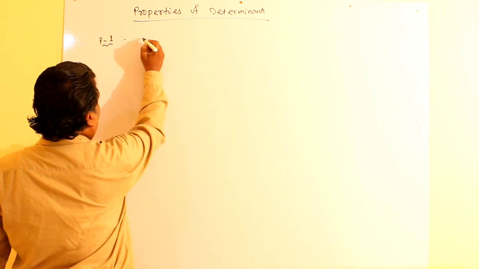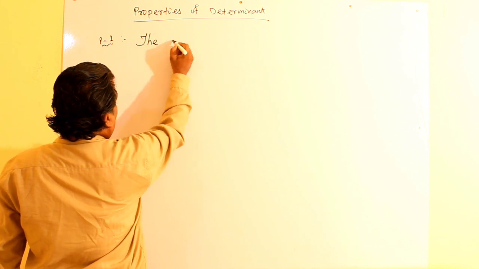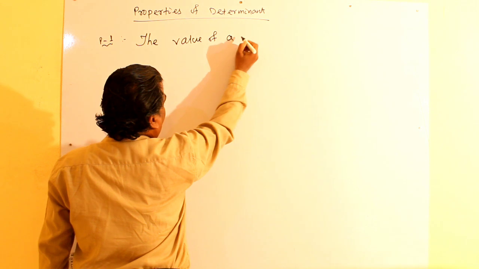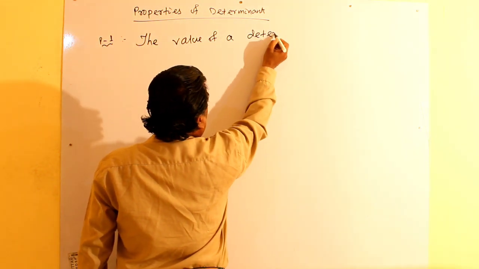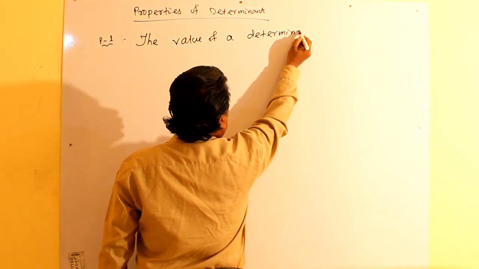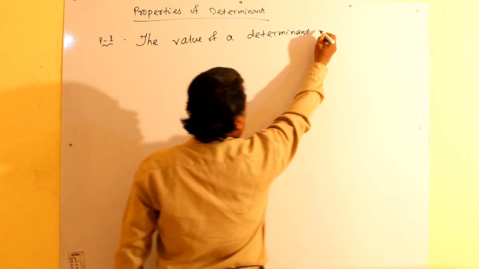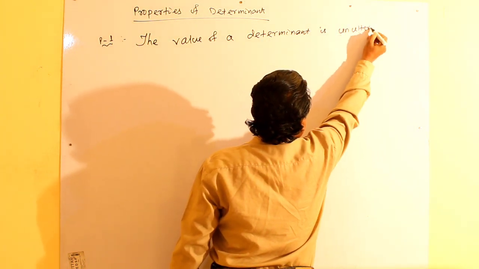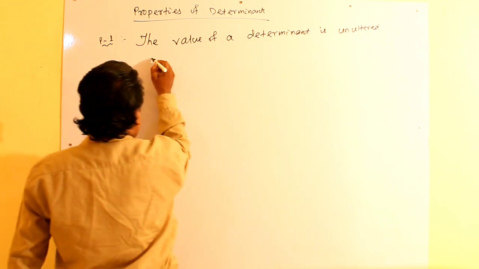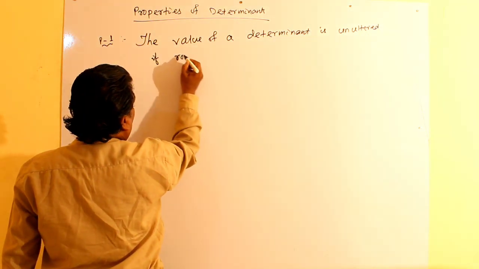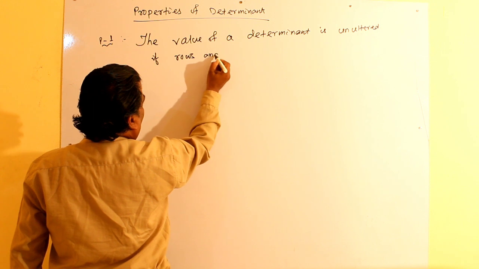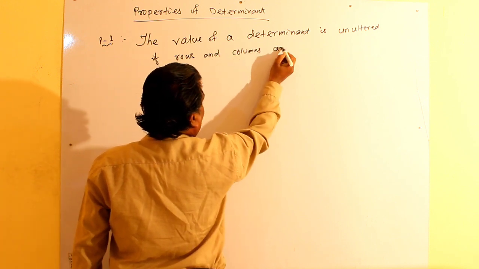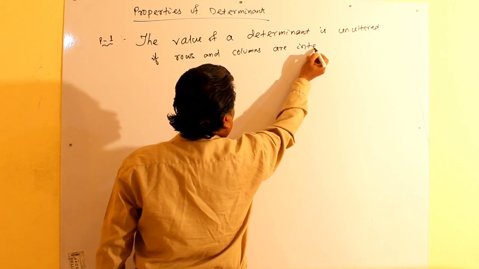The value of a determinant is unaltered if rows and columns are interchanged.